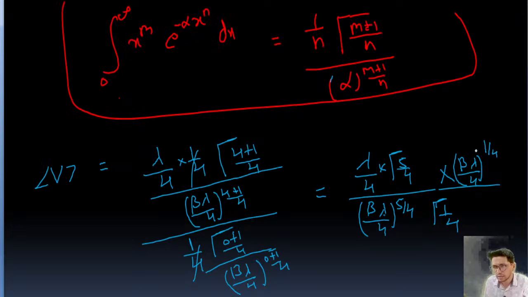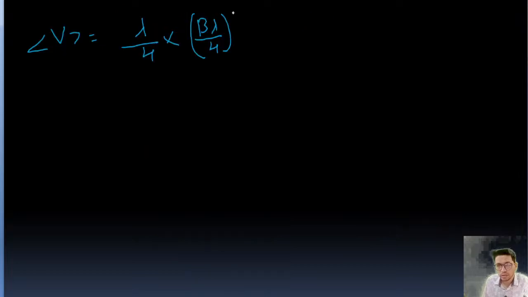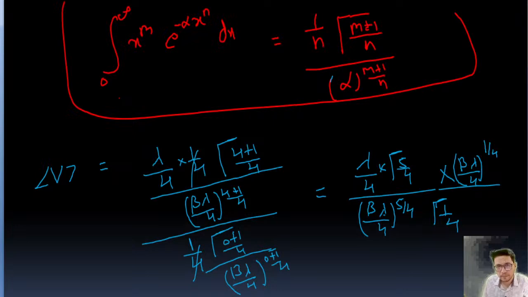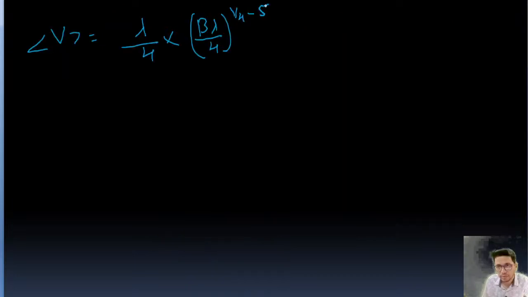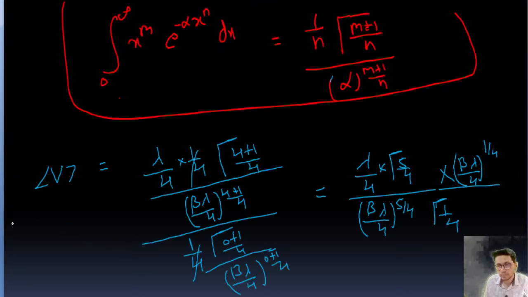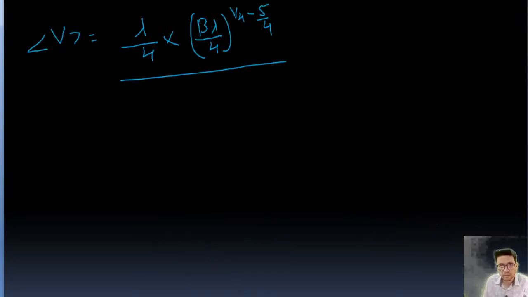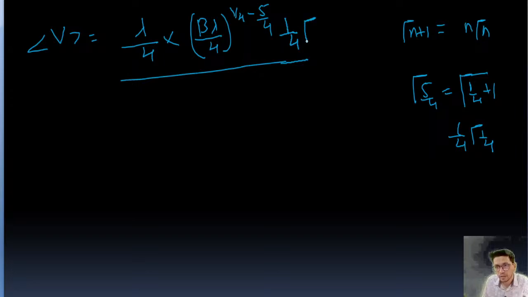So this is going to be 1 by 4 minus, this goes up, so this power 5 by 4 goes in the numerator, then it will be minus power, so minus 5 by 4, upon gamma 1 by 4.